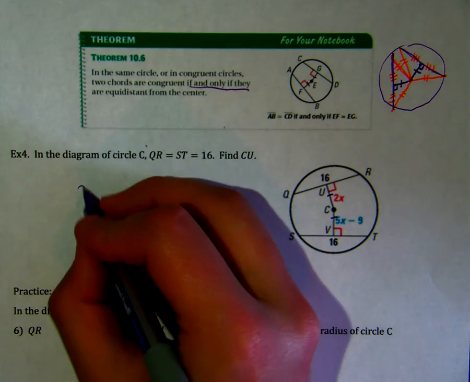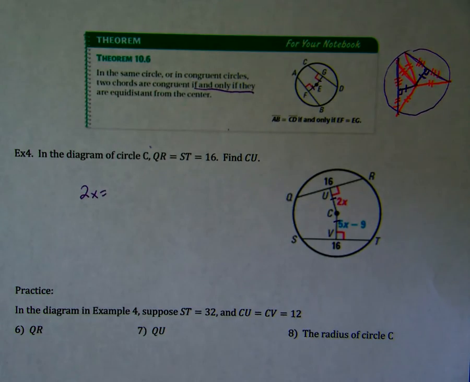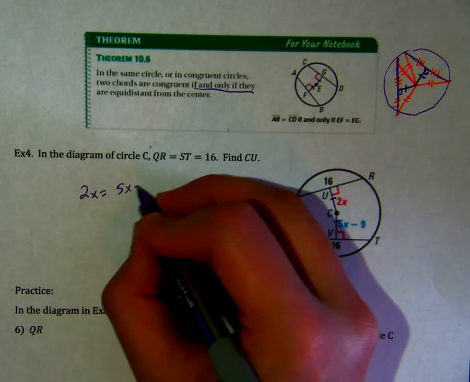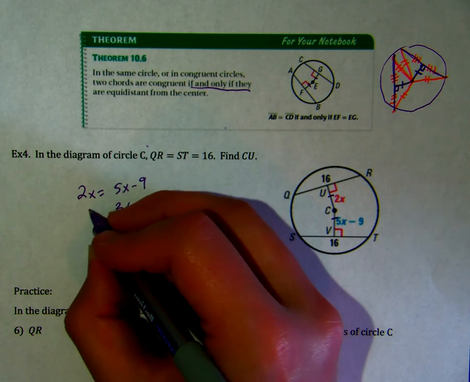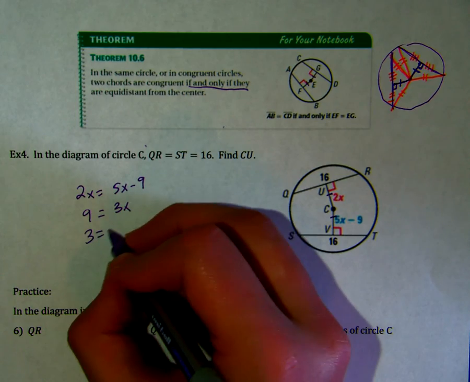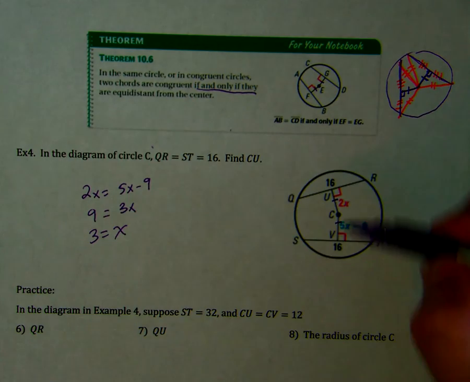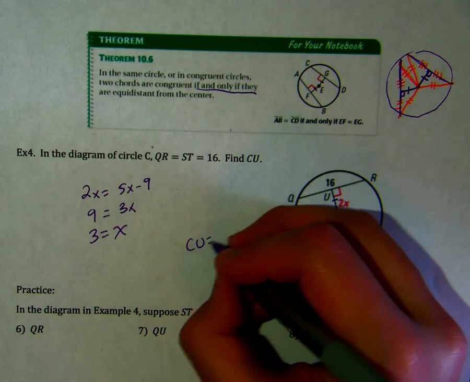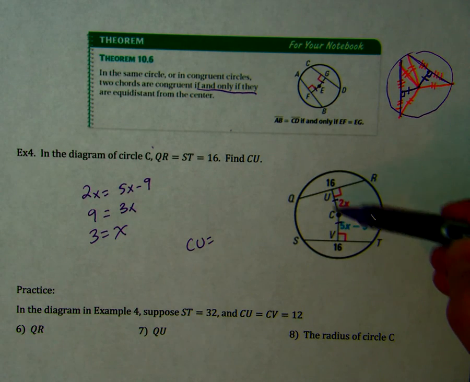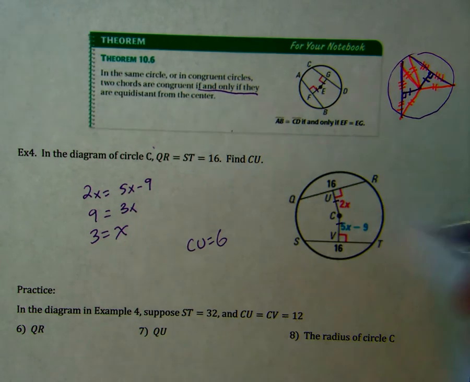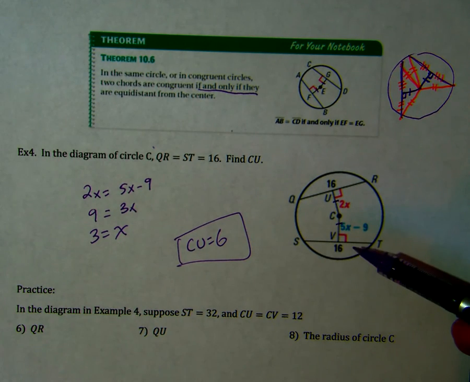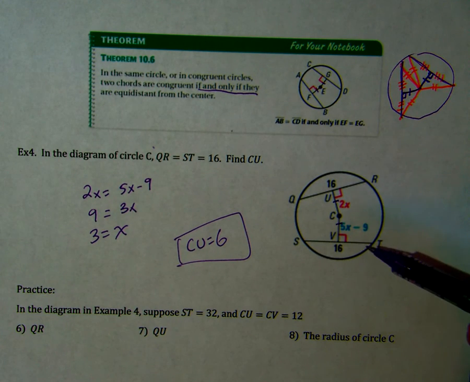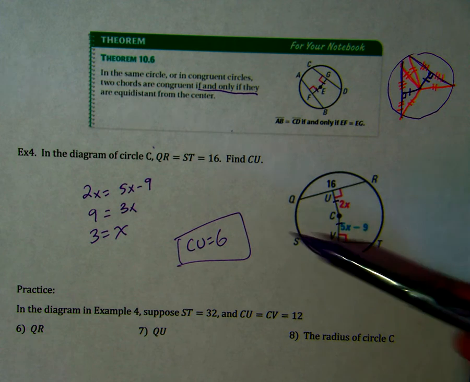That means that 2x is going to be equal to 5x minus 9. If you subtract 2x from both sides and add 9 to both sides, you find that x equals 3. So CU is just 2 times 3, which is 6. Do we have any units here? No. And if you plug that in here, these should be the same thing as well. So it would be 15 minus 9, which is 6.